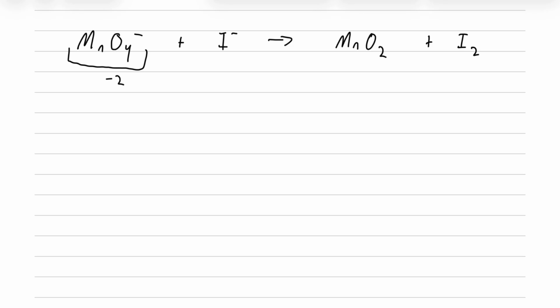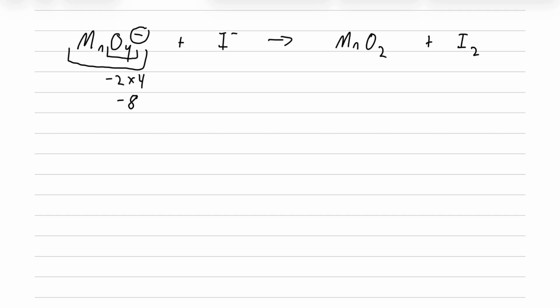So oxygen here is -2. There are 4 of them, so I multiply this -2 by 4. We get -8 for this O4 unit. Always, the summation of every oxidation state of every element in a compound or ion always equals the overall charge.